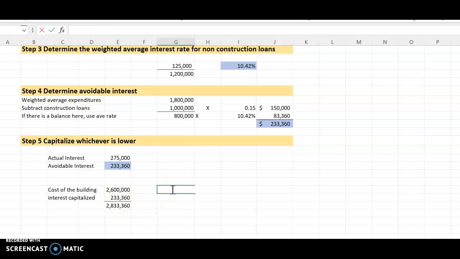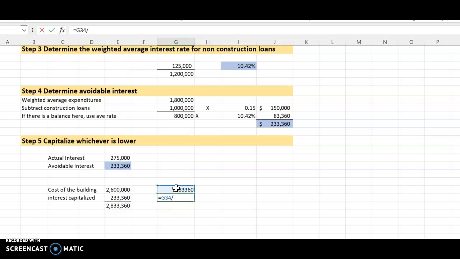So to get the depreciation, we're going to take the total cost and subtract $150,000, which was the salvage value given to you.